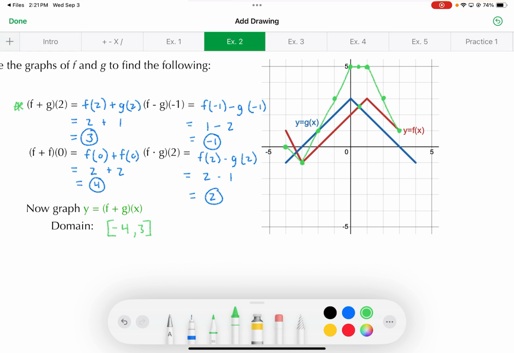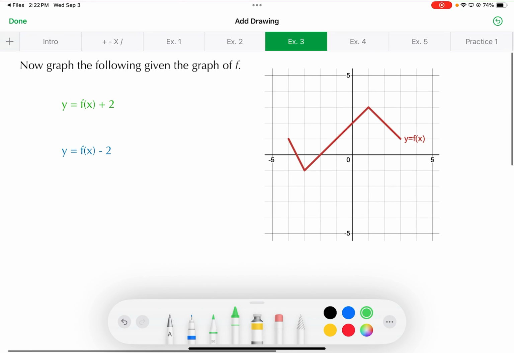Now compare that domain to the domain of the two original graphs. The blue graph has a domain of negative 4 to positive 4, and the red graph has a domain of negative 4 to positive 3. So if I take the overlap of those two, that gives me the domain of the sum, which is negative 4 to 3. All right, moving forward.